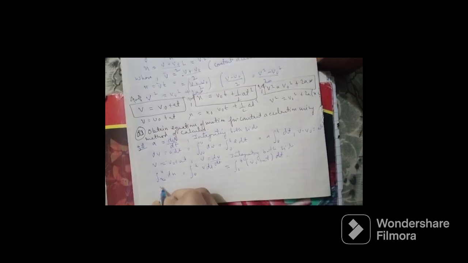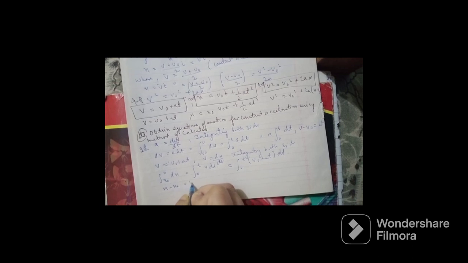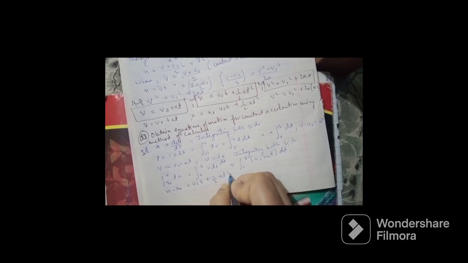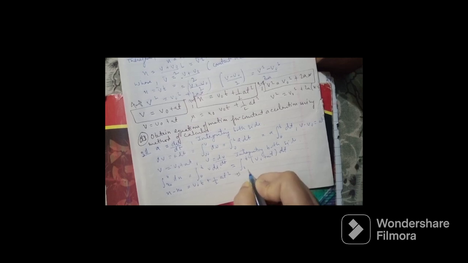So x minus x naught equals v naught t plus half at square, that is, x equals x naught plus v naught t plus half at square.